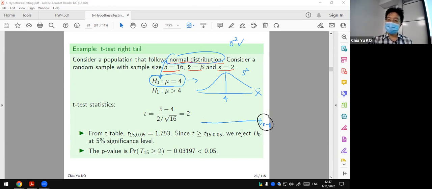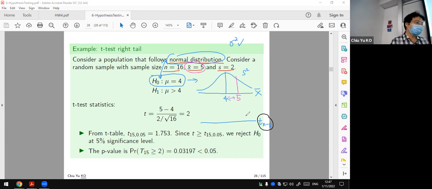So here x bar is 5, so it's here. The question again is, is this distance big enough to say that 5 violates 4?